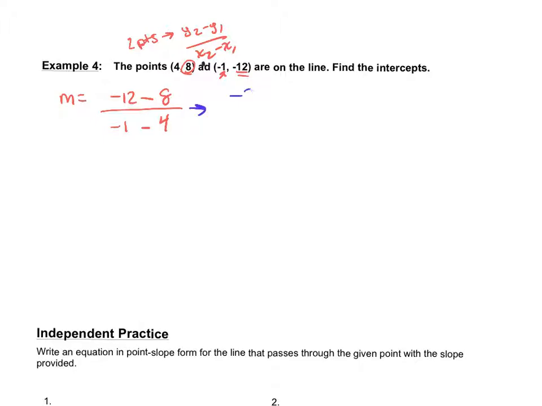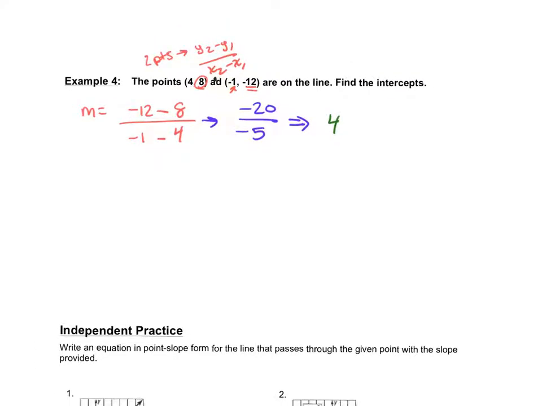That is going to lead you to negative 20 over negative 5, which actually gives you positive 4. So you know the slope is 4. Now what you're going to do is use the point slope formula, because you've got points and you have slope. So pick a point. Let's choose (4, 8), simply because that is my first point, (x1, y1), and plug it into the point slope formula.